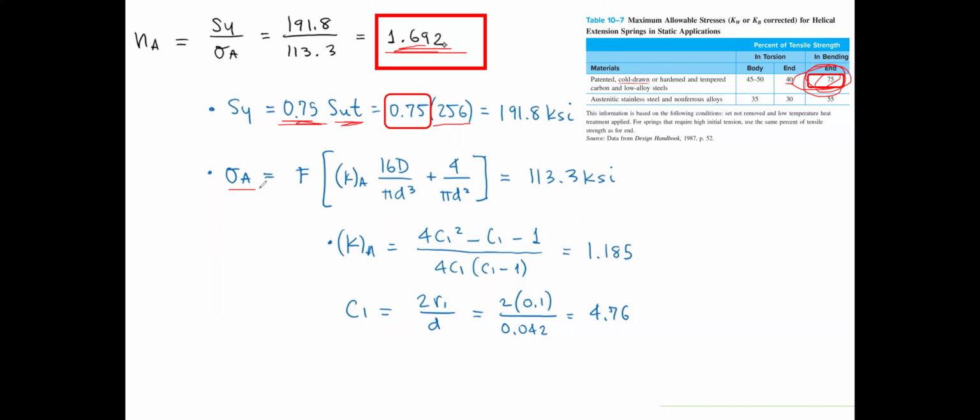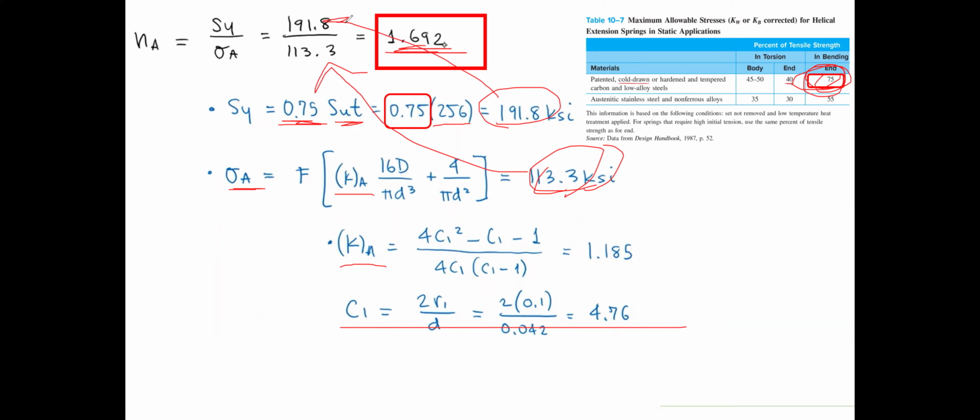And for the sigma A, you can calculate the coefficient Ka right here by calculating the C1. So we can plug these numbers in to find this safety factor at point A, which is under tension.